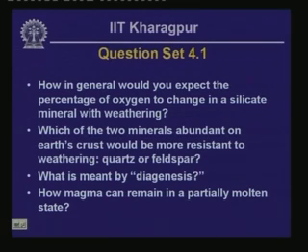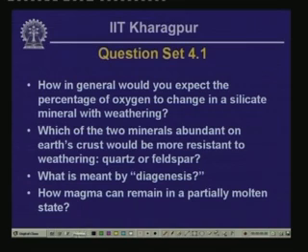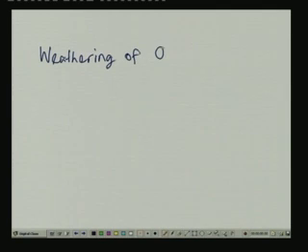Diagenesis is really a chemical change from one type of mineral to another type of mineral. I'll give you an example. Let's consider again the weathering of feldspar, weathering of orthoclase mineral.